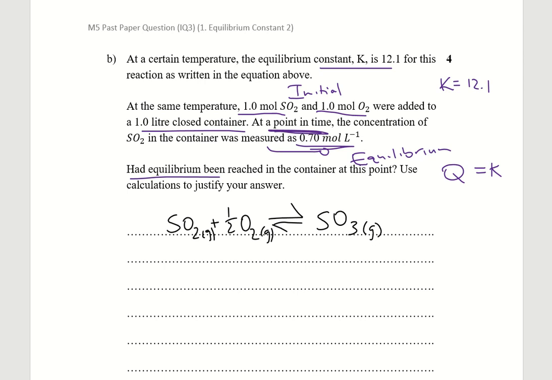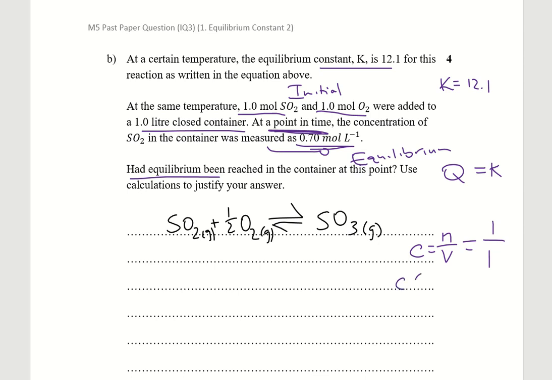Now, the next thing we need to know is what are the concentrations of each one of them, because without these, I can't actually use the ICE table. So I'm going to try and find the concentrations first, which luckily for us, the concentration here is 1 mole over 1 liter for both of them.